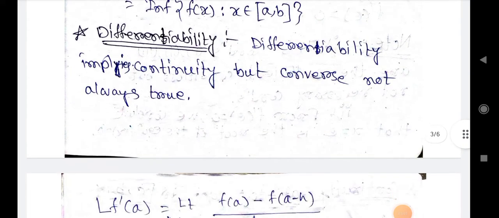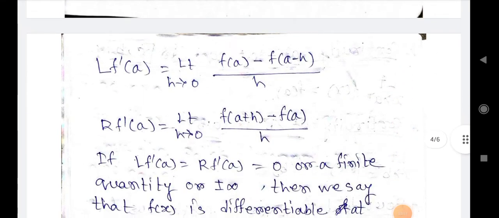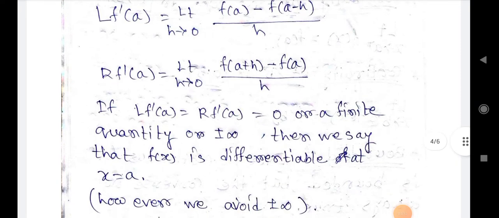Differentiability. Differentiability implies continuity, but the converse is not always true. Left hand derivative Lf'(a) equals limit h tends to 0 of (f(a minus h) minus f(a)) by minus h, or Rf'(a) equals limit h tends to 0 of (f(a plus h) minus f(a)) by h.